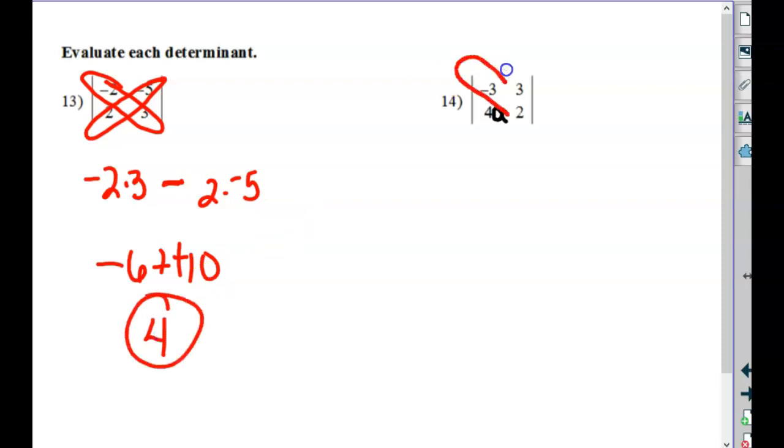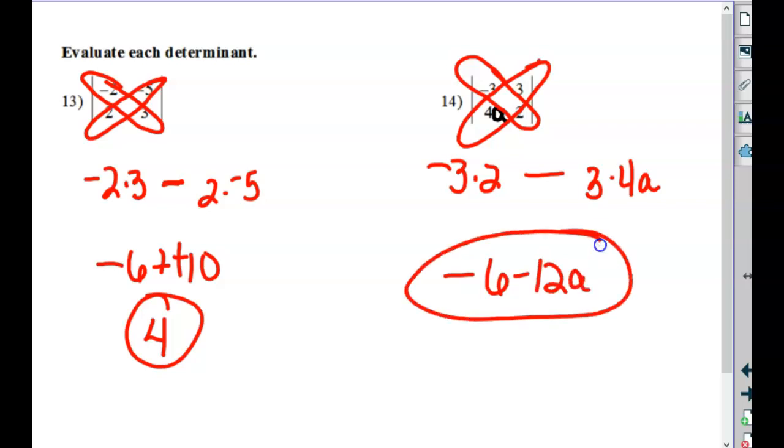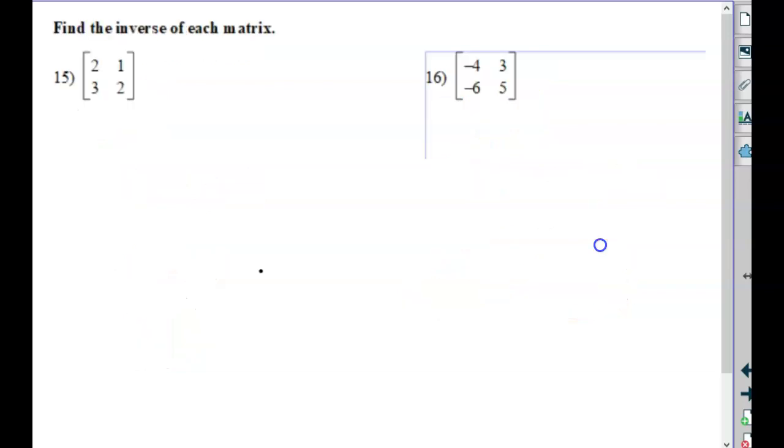So this one is negative 3 times 2 minus 3 times 4a. So it's negative 6 minus 12a. A determinant is a single value, okay? Inverses are super important, but we're going to do them all on the calculator, okay?